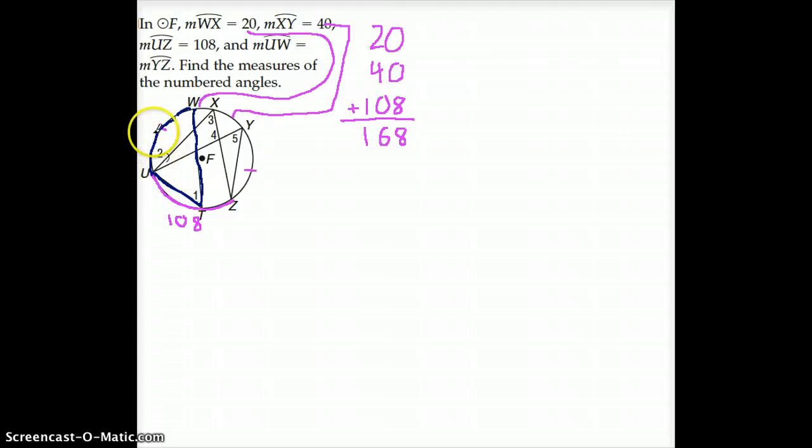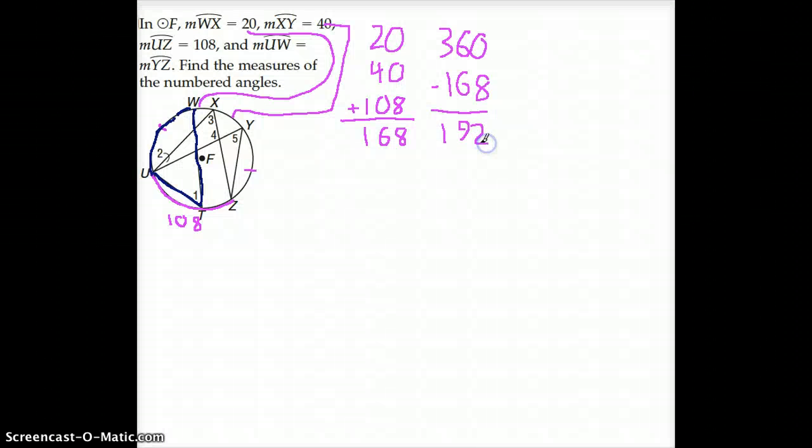And so UW and YZ, those two arcs, have to be the remainder after we subtract from 360. So we take 360, which is the whole circle, minus 168, which is the three arcs that we know, and that gives us 192.